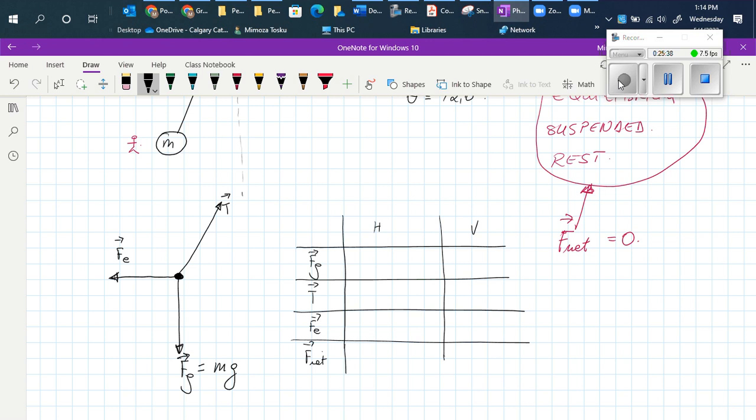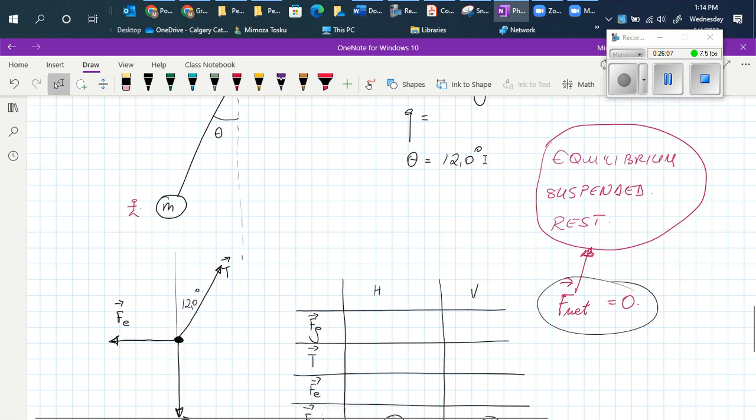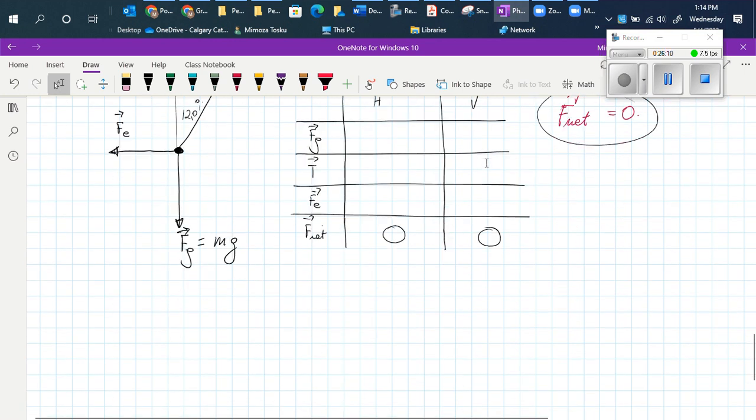However, since the object is in equilibrium, force net is equal to 0, and the zero force has 0 components. So 0 and 0 for the horizontal and vertical. Now, based on our information, knowing that the angle here is 12 degrees and the mass is 2.30 grams, we can figure out the horizontal and vertical components of the force of gravity.